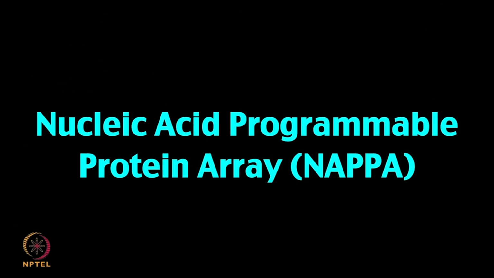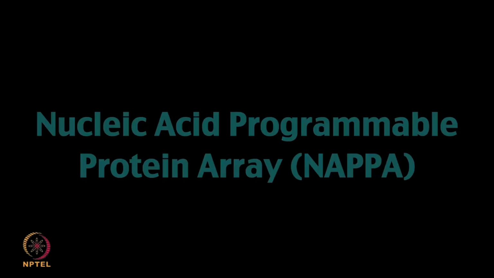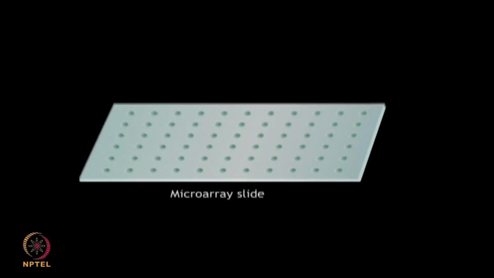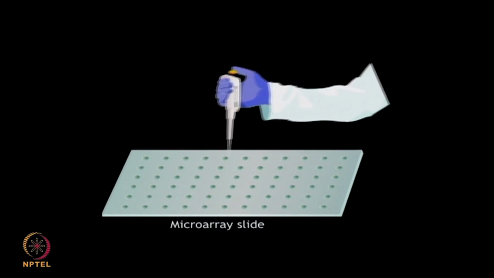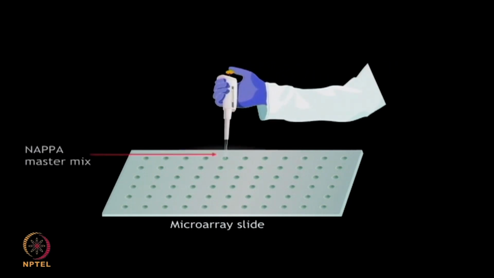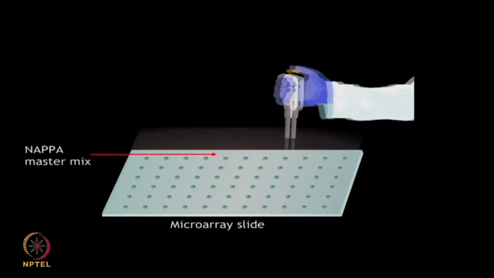Nucleic acid programmable protein arrays, or NAPPA. In NAPPA method, an aminosilane coated glass slide forms the array surface for NAPPA.